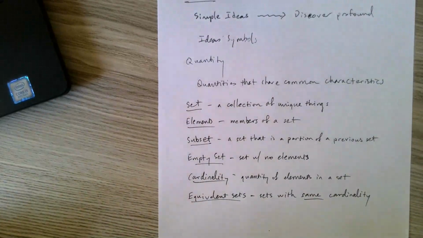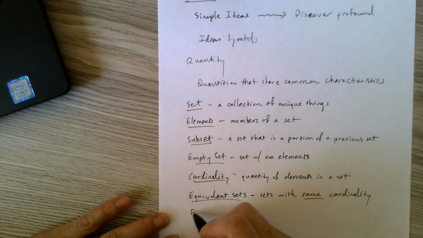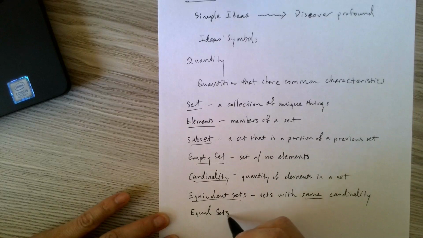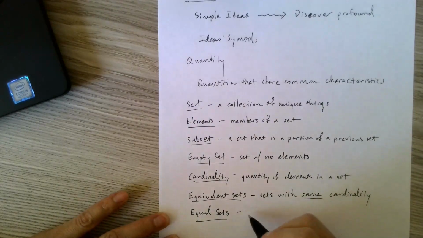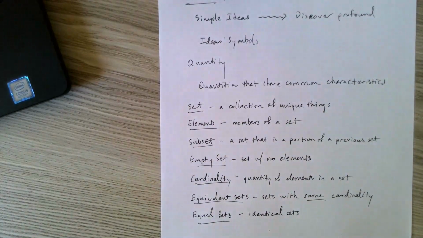For example, if a set has 3 elements, another set has 3 elements, they are equivalent. Well, what about sets that are exactly the same? We call those equal sets. So I'll define that as identical sets.